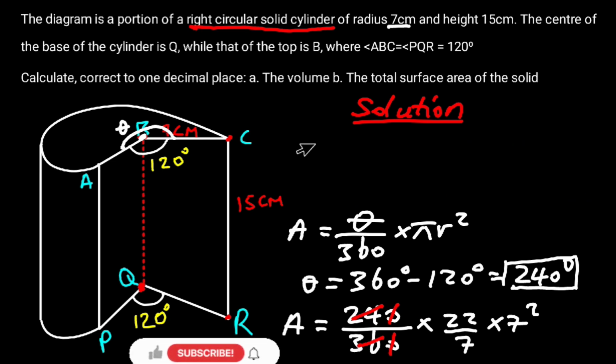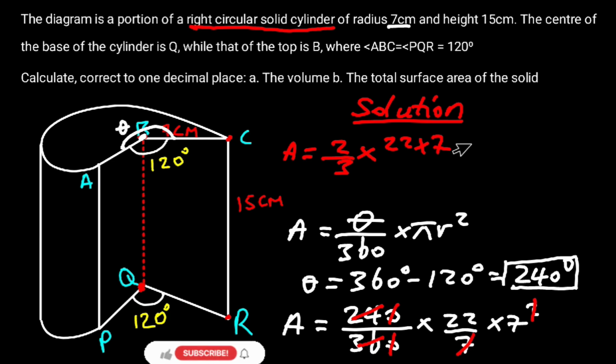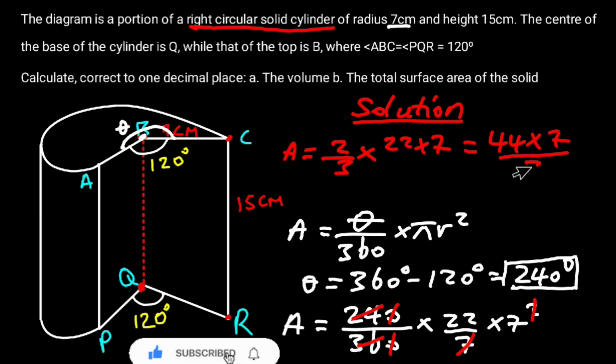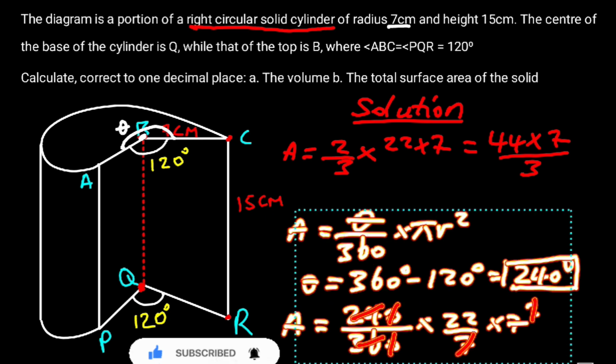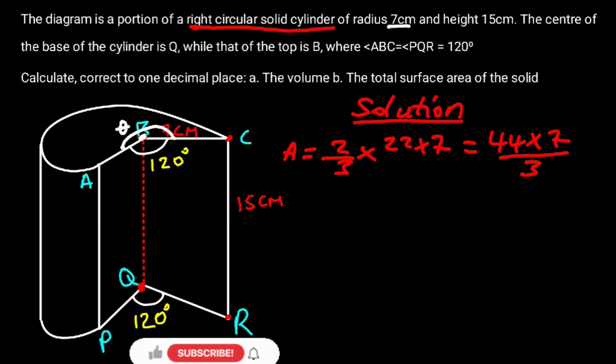So we have that area is equal to 2 over 3 multiplied by, now of this 7 we cancel one, we'll be left with 22 times 7, and 2 times 22 is equal to 44. So we have that the area is equal to 44 multiplied by 7 divided by 3.